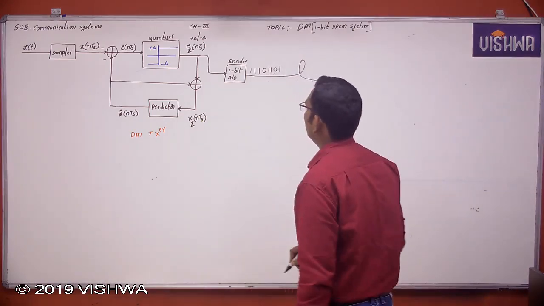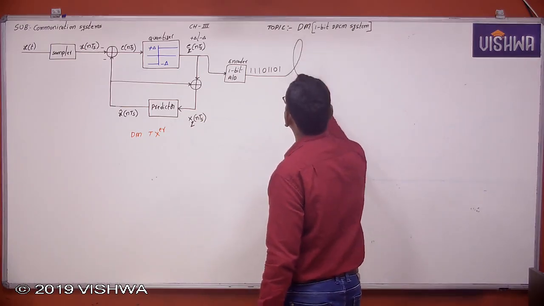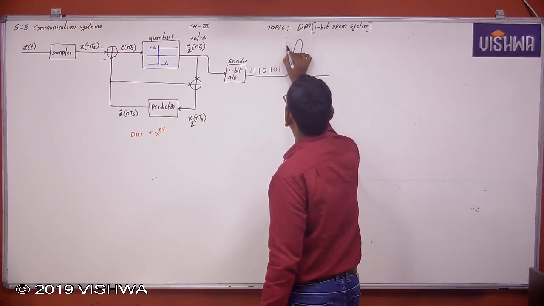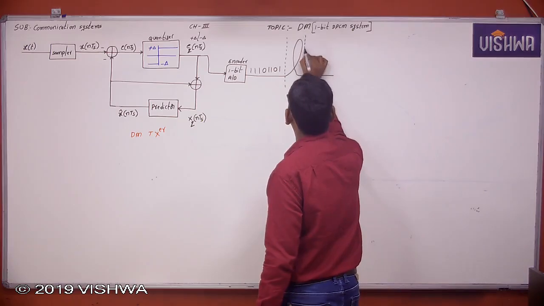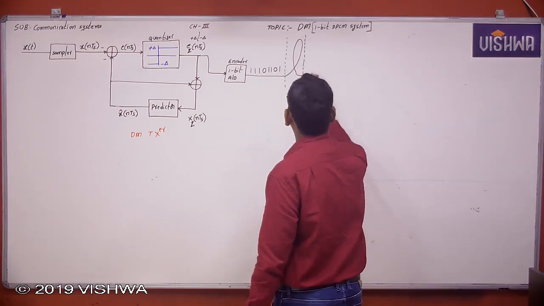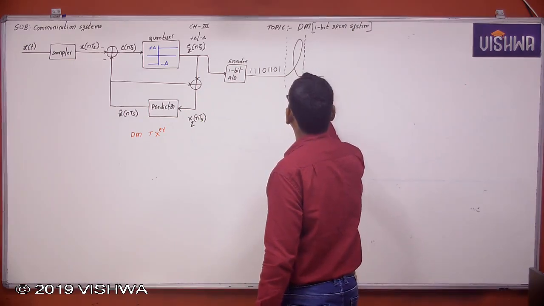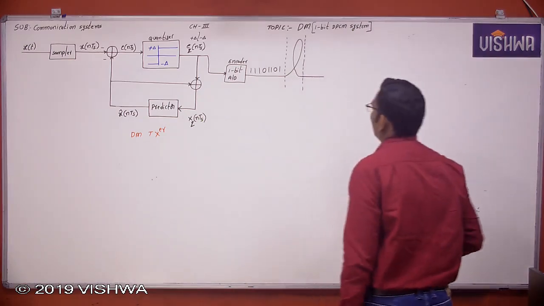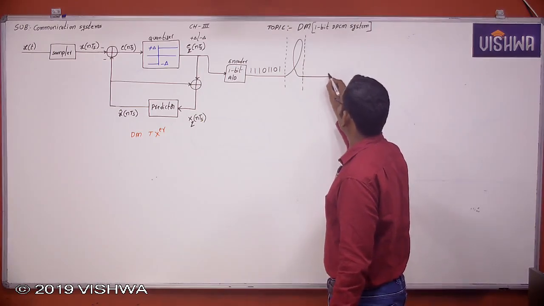Now this is the encoder output. Therefore this is the decoder.